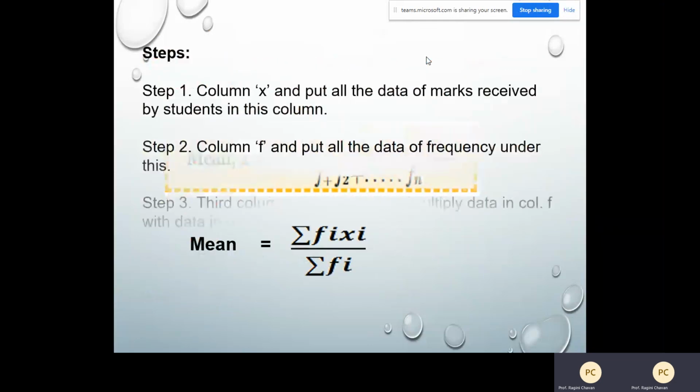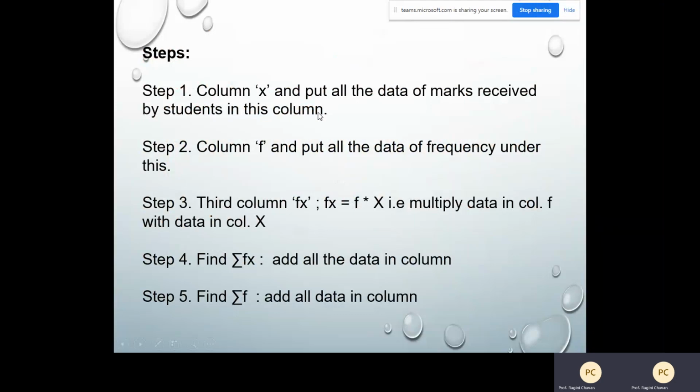We need to copy all xi values in one column, then all frequency values in the second column. Then we need to find the third column as f into x, that is multiplication of each frequency with xi values. That gives us summation of fi xi, and the frequencies total is summation of f.